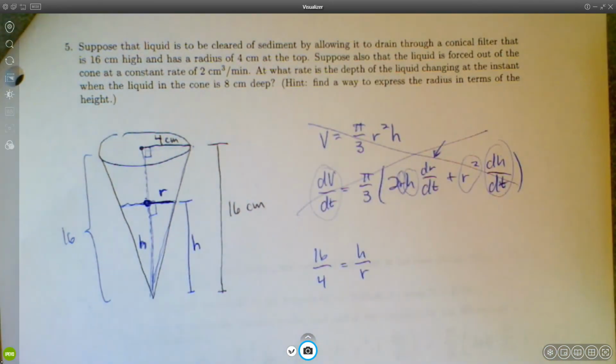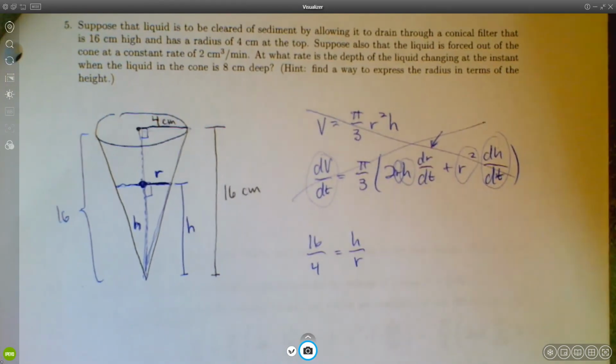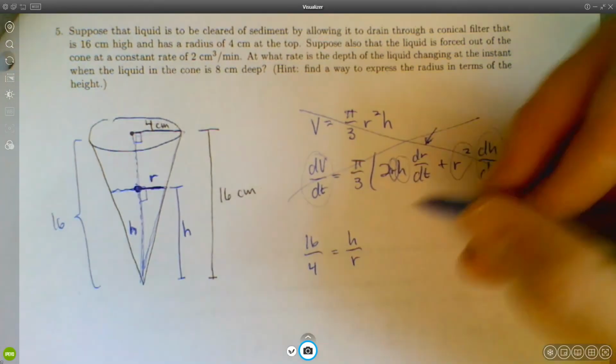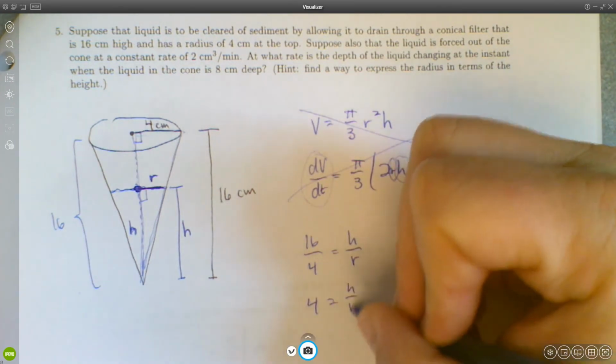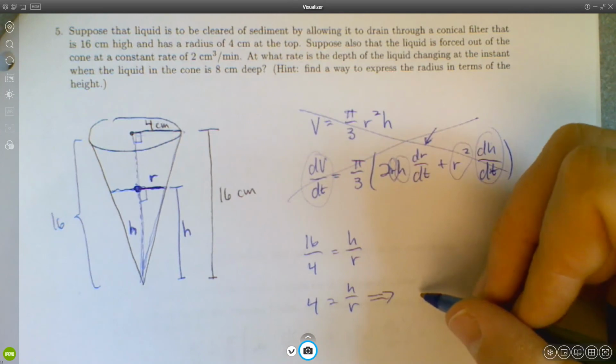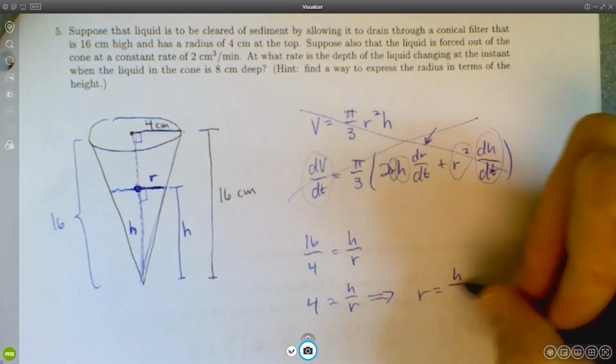And there you go. That's how we can express r in terms of h. So 16 over 4 is 4, by the way. And so that means r is h over 4.